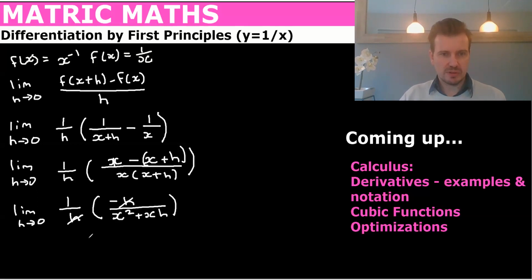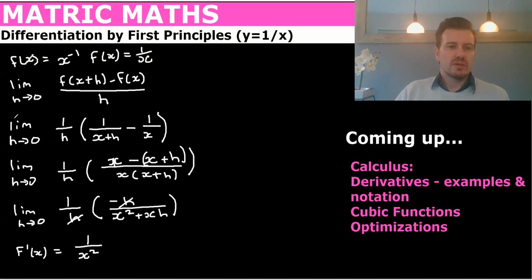And so this goes away, and we end up with 1 over x squared. And so we can just say that equals. Okay, so for this one, we would also just say f dash x equals, and we would have to just put in this all the way through. I just didn't have enough space.